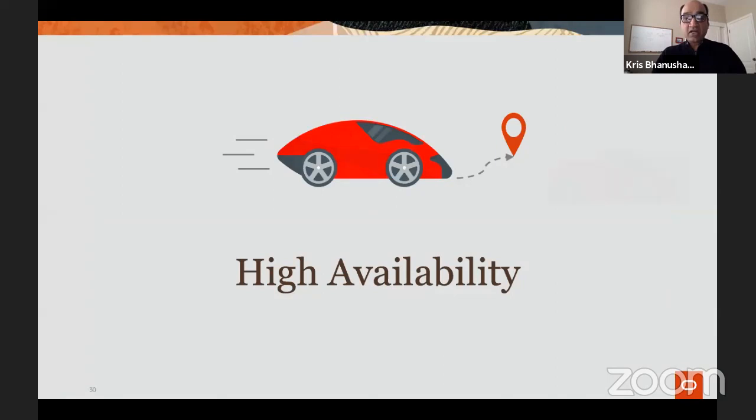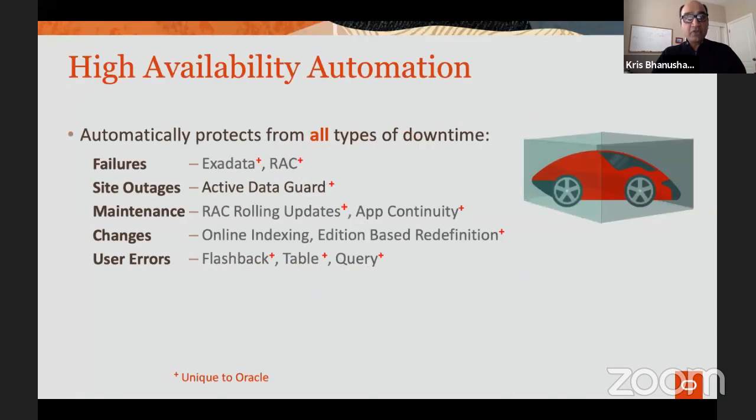Let's talk a little bit about the other features. High availability. All of the technology that you're aware of: RAC, Exadata, Active Data Guard, rolling updates, application continuity, which I demonstrated in the Swing Bench demo, online indexing. You take the combination of all these features, and you can tell that it handles pretty much every failure scenario, right?